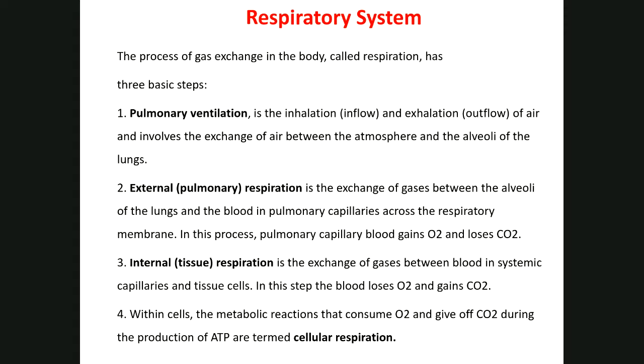And in the last step, when the oxygen is utilized inside the cell for metabolic reactions such as the Krebs cycle and aerobic glycolysis, whereby ATP is produced, that is known as cellular respiration. So these are the four different stages of the ventilation process.